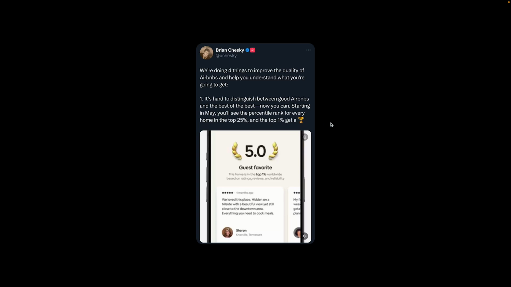If you see over here, something very important to understand is that he started by explaining the feature with the problem that he's trying to solve. This is how you need to communicate as a product designer. Of course, he's not a product designer, but this is how product designers need to communicate. He started with the problem statement: it is hard to distinguish between good Airbnbs and the best of the best.